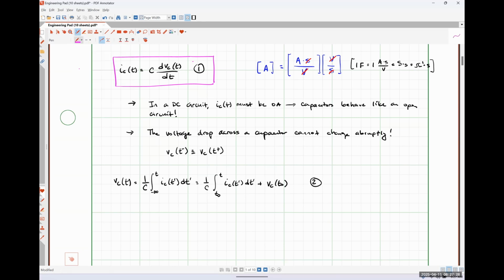And this is our second relationship. Again, exactly identical to what we saw with inductors, except that we've swapped I and V and replaced L with C.